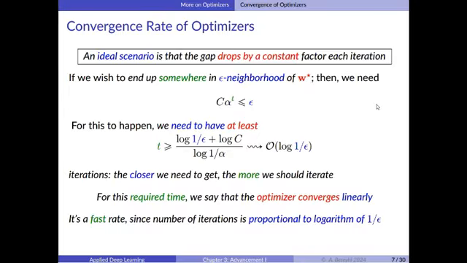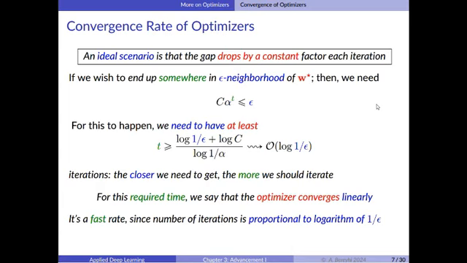So we talked about this ideal scenario, and if we wish to end up somewhere in an epsilon neighborhood of W star, then we need this upper bound, which is c times alpha to the power of t, to be less than or equal to epsilon. So if we want this to happen, we need this inequality.